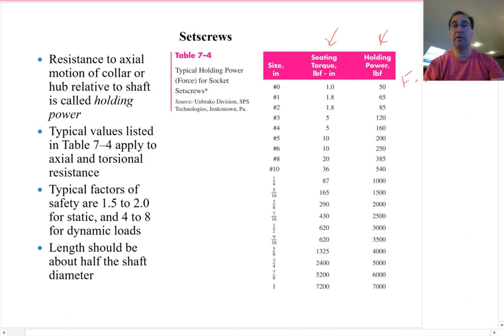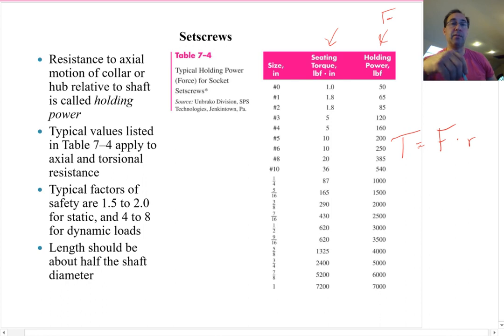If this is your holding force, you can say that your torque transmissibility is F times R, where R is the radius of the shaft. And of course you need a torque wrench to get your proper seating torque.